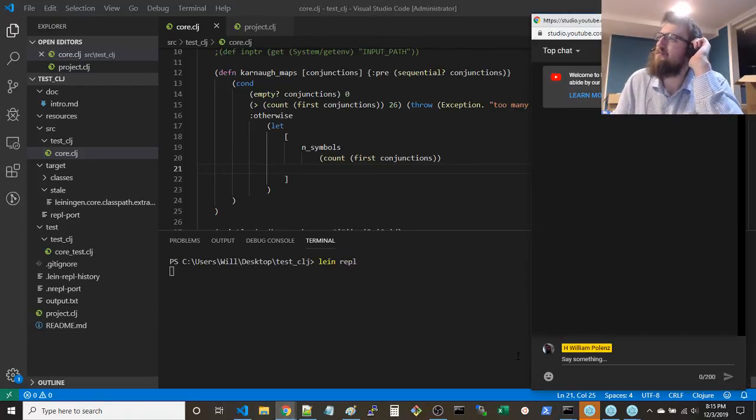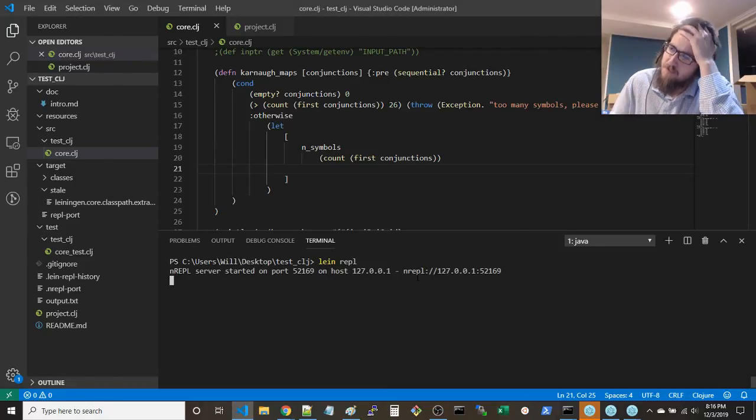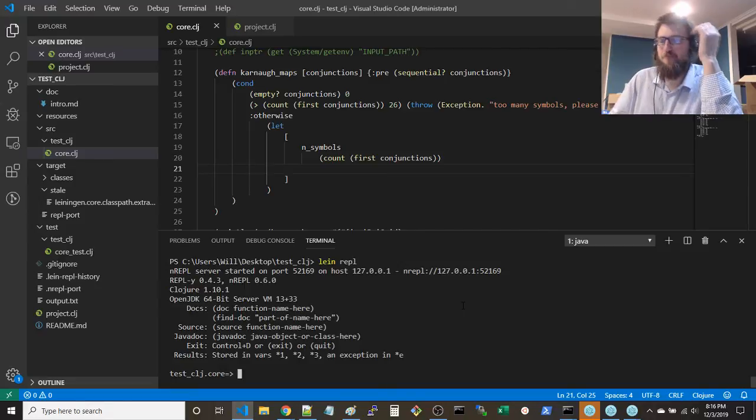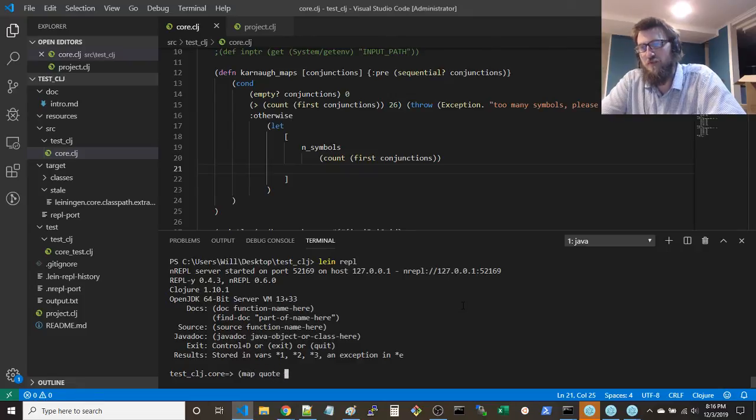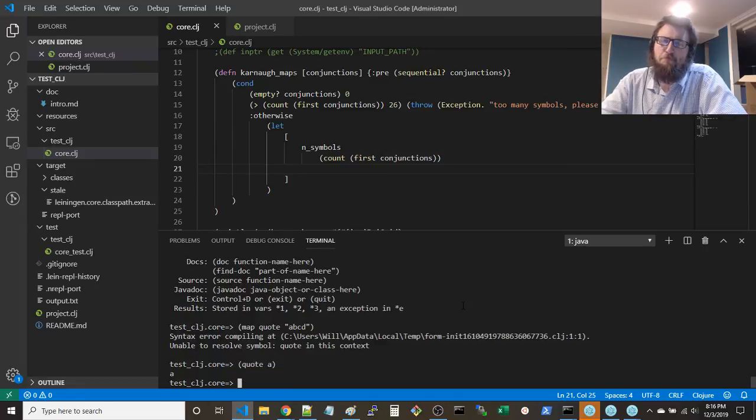I'm curious if I can produce a list of symbols, lowercase symbols and uppercase symbols here. Quote to, I don't know. Really? I think quote's a macro, that's why. Yeah, I don't think we can map.